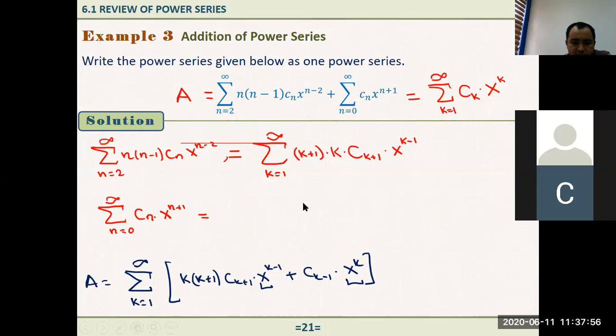When it is 0, we can write it as c sub 0, x to the power 1, so it is c sub 0 x. But here it is 2.